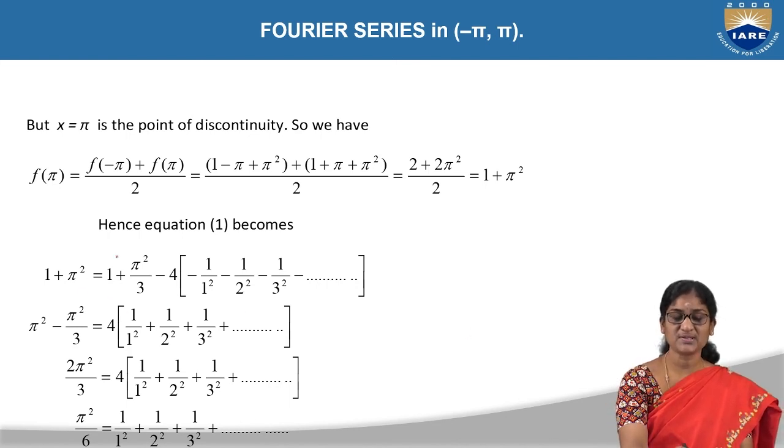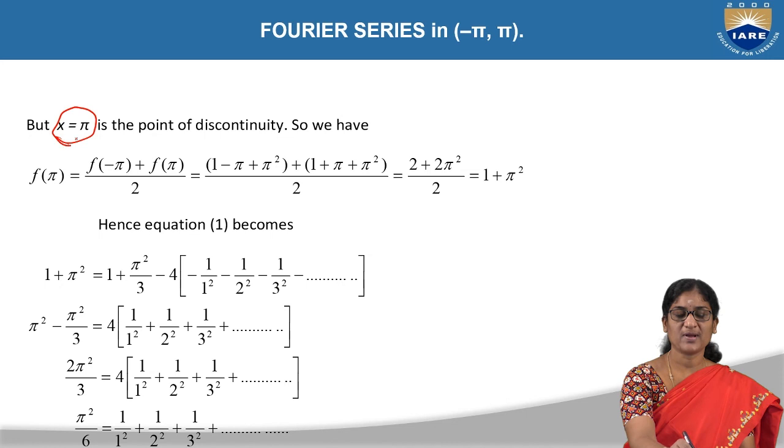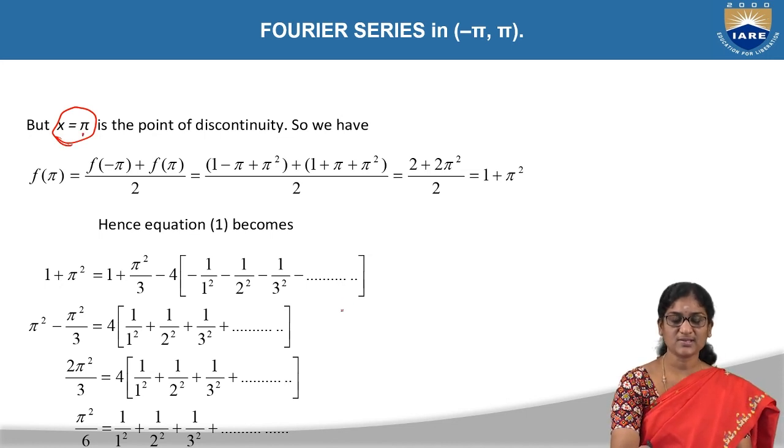For deduction purposes, we are substituting x is equal to pi, the assumption that we are making to get the deduction. So we'll get the deduction pi square by 6 is equal to 1 by 1 square plus 1 by 2 square plus 1 by 3 square, and so on, up till infinity.